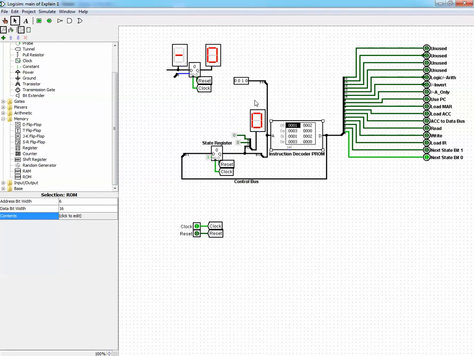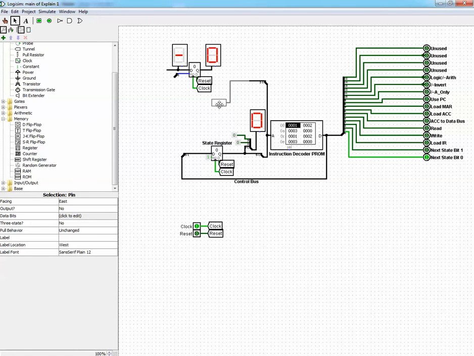And to overcome this problem of being a Mealy machine, we are going to connect this keypad to a register instead of directly connecting it to this instruction decoder PROM.